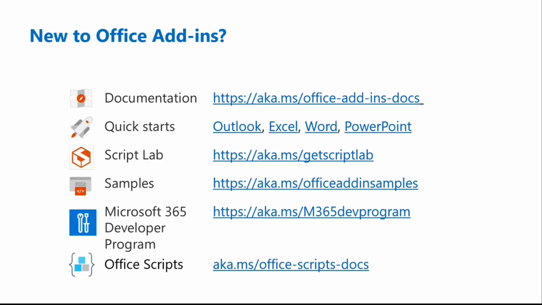Okay, so near the top of the hour. I just want to get through the remaining slides here. So for folks, if you're new to Office add-ins, there's a lot of resources here you can go check out for documentation, quick starts. I definitely recommend the aka.ms/m365dev program, which gives you a free Office tenant that you can use for developing and testing. It's very useful.